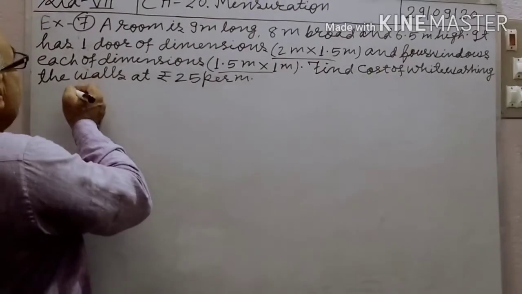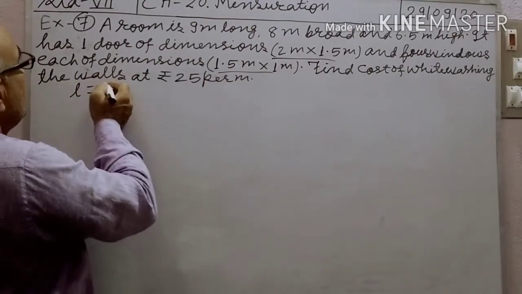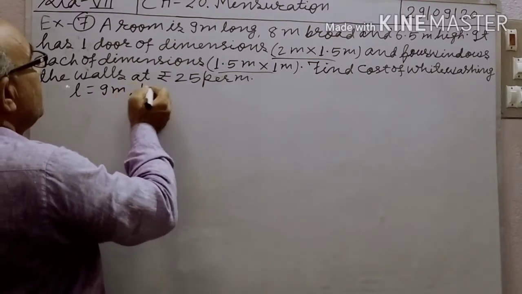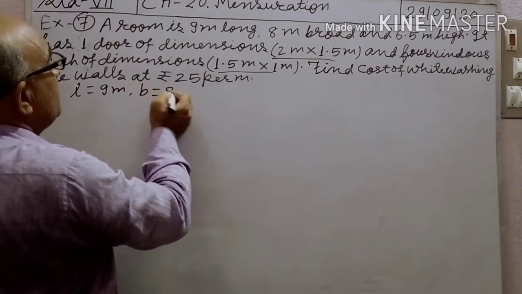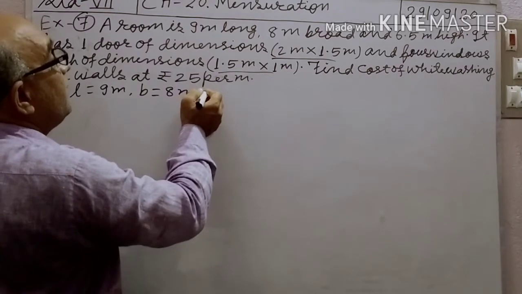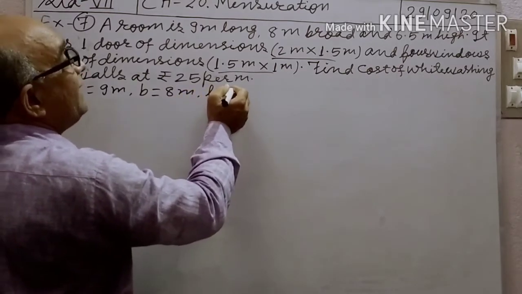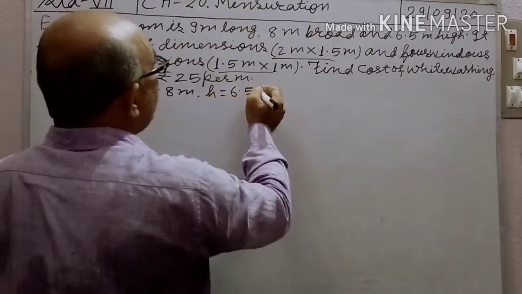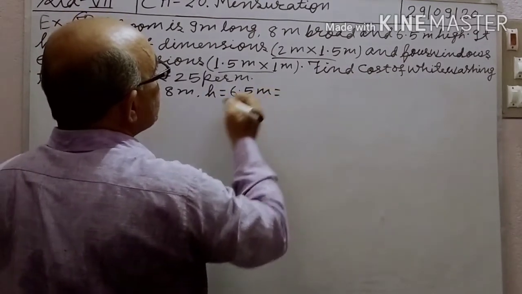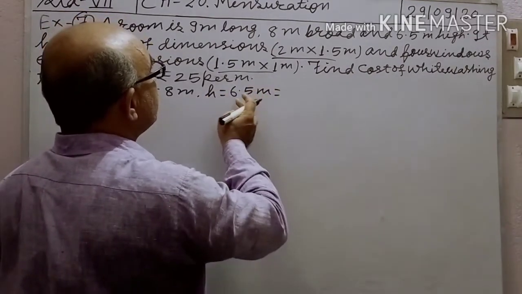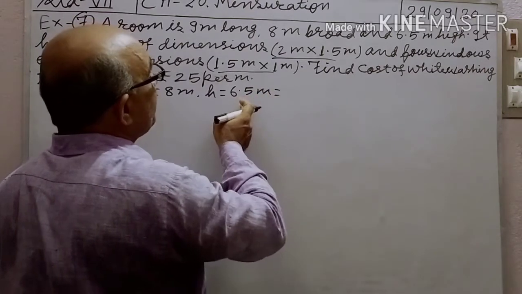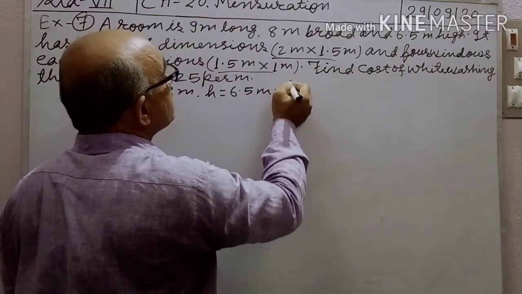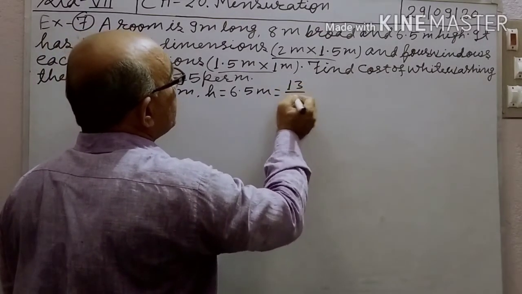Here given length equal to 9 meter, breadth B equal to 8 meter, and height H equal to 6.5 meter. Change it to decimal: 6.5 means 13 by 2 meter.